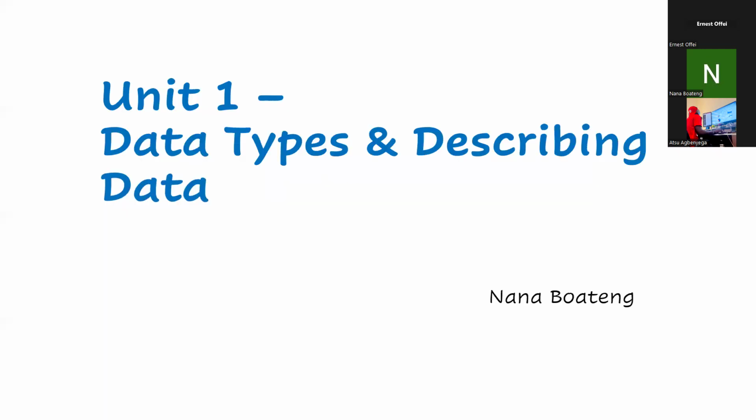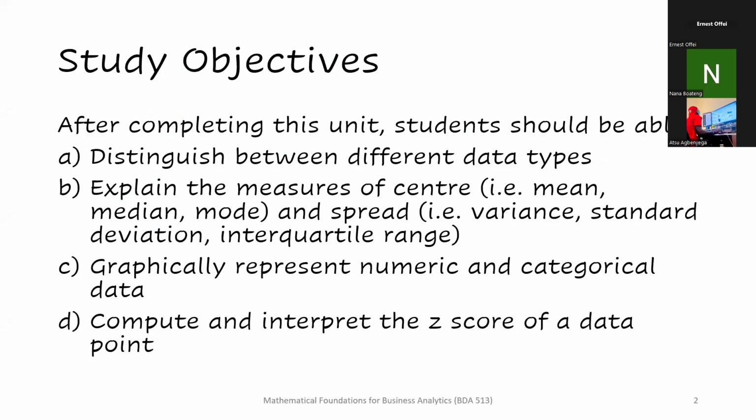Okay. All right. So we'll be looking at data types and then describing data. So after completing this session, we'll get to distinguish between different data types. Okay. Explain the measures of center.